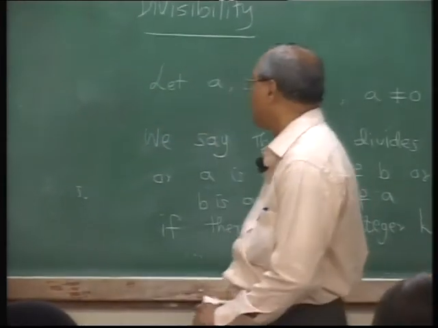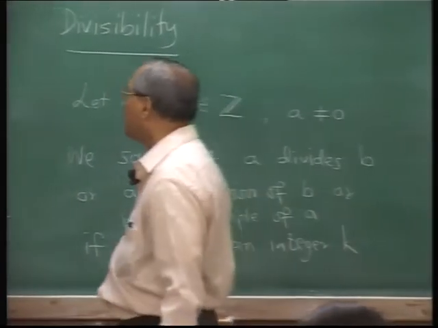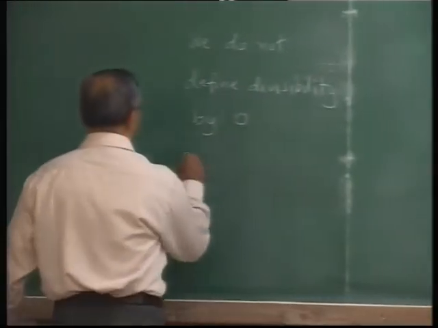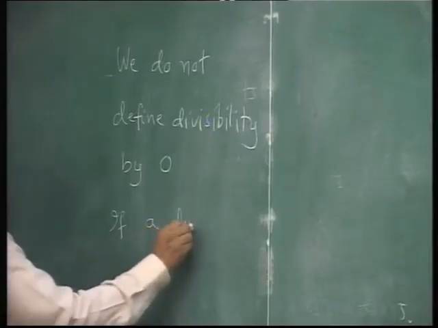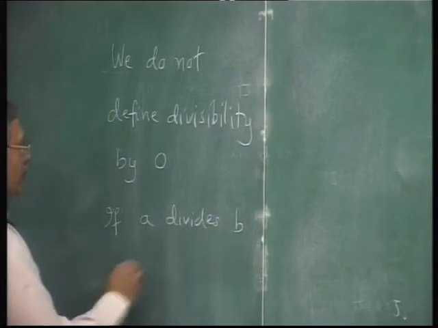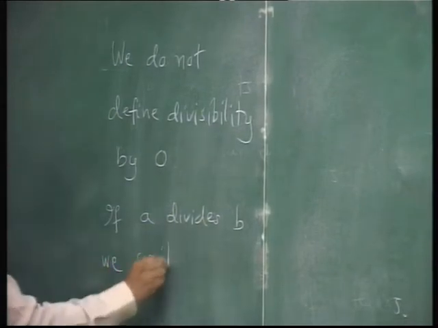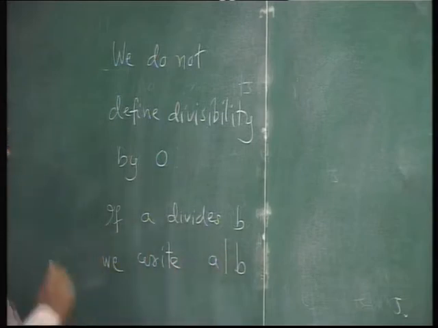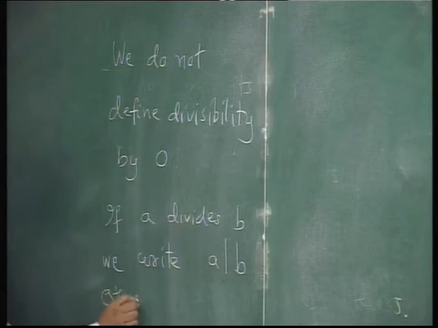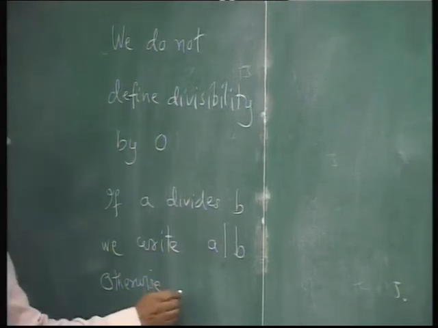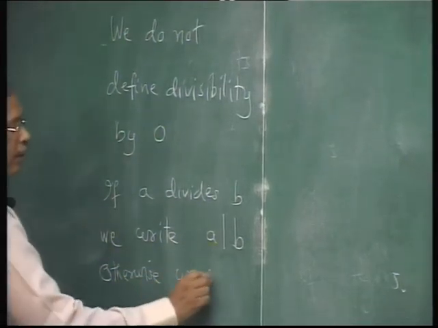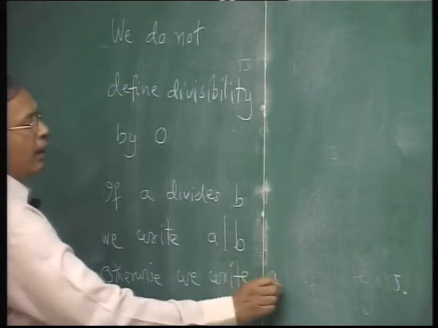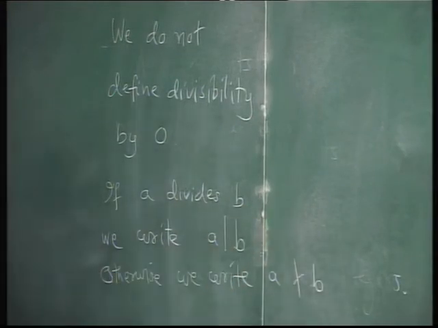Here, if a divides b, we write a divides b. This is a symbol. Otherwise, we write a does not divide b.